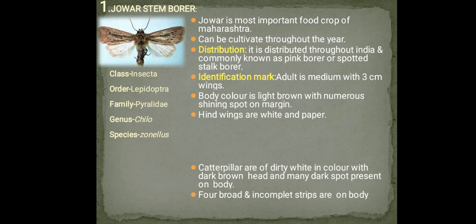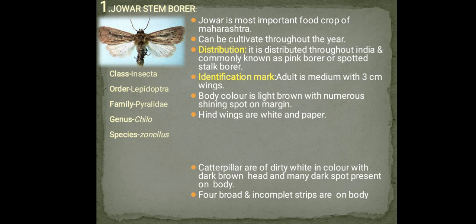The identification mark of this insect: the adult is medium-sized with a wingspan of 3 centimeters. The body color of this moth is light brown, with numerous shining spots on the wing margin. The hind wings are white and papery, transparent.